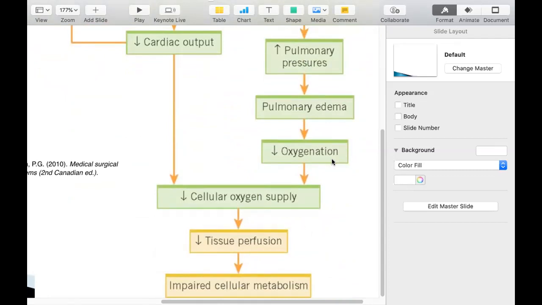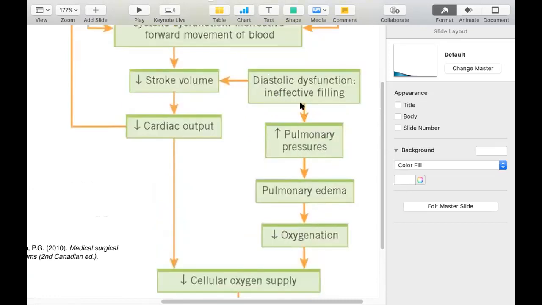Just the reason I brought this diagram up is because the added side of things here is interesting as well. If you have ineffective filling, let's say the left atrium is having a problem filling, just take that for an example. What's happening then? This is just one example of what could happen.